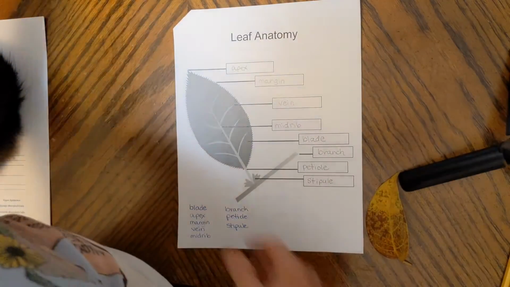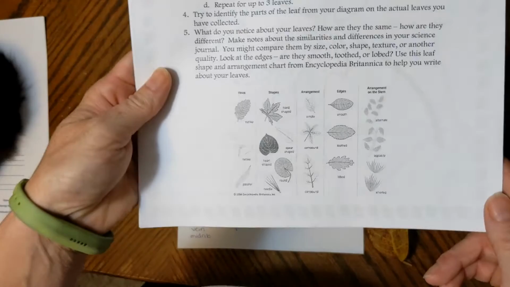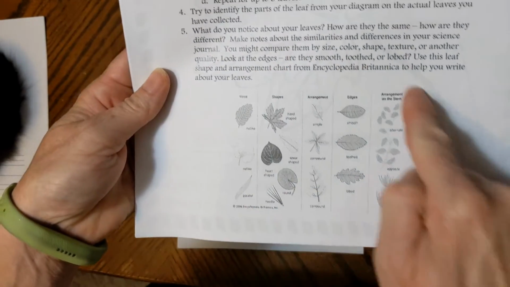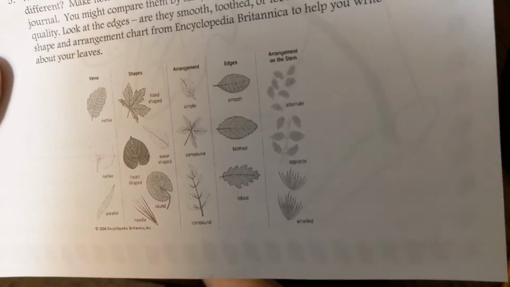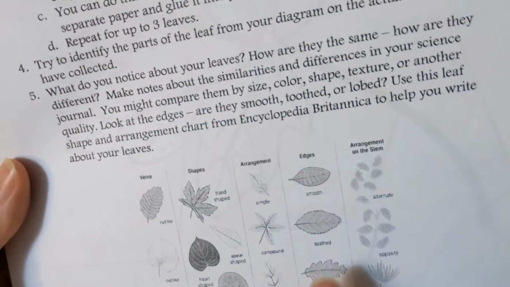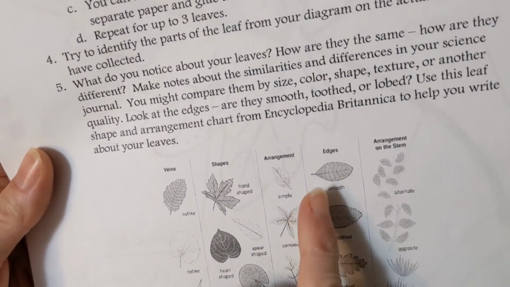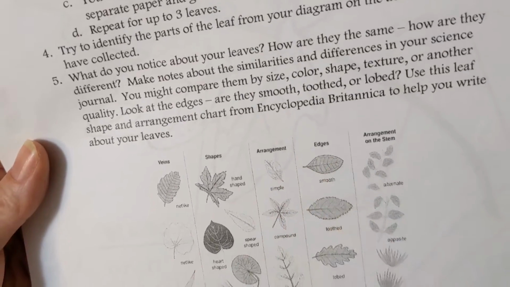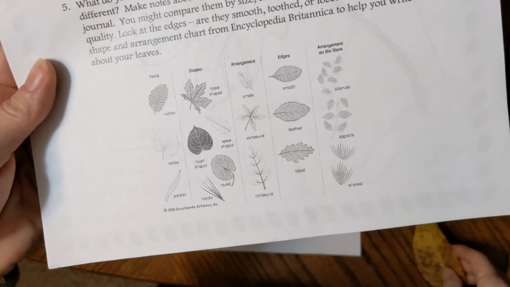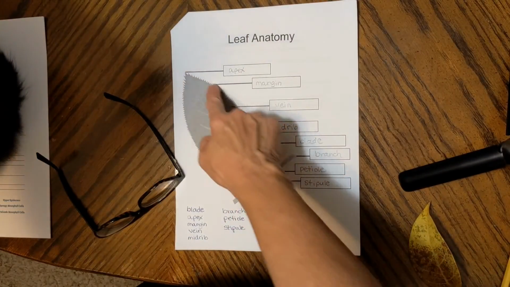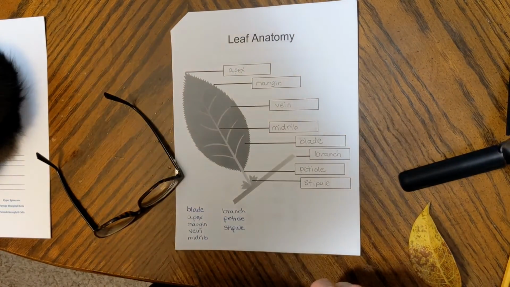If you look at your science kit paper, down at the bottom, there's a little chart here from Encyclopedia Britannica, and you can learn some of the words that we use to describe the edges or the margins of the leaf. So this one has a smooth edge, and the one in our diagram, we would call that a toothed edge.